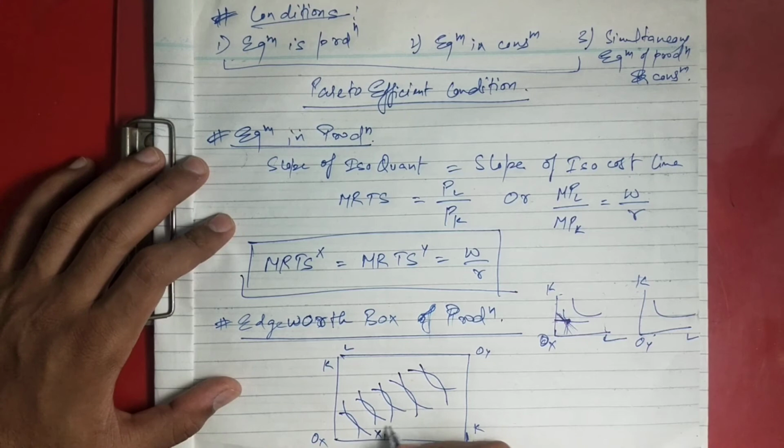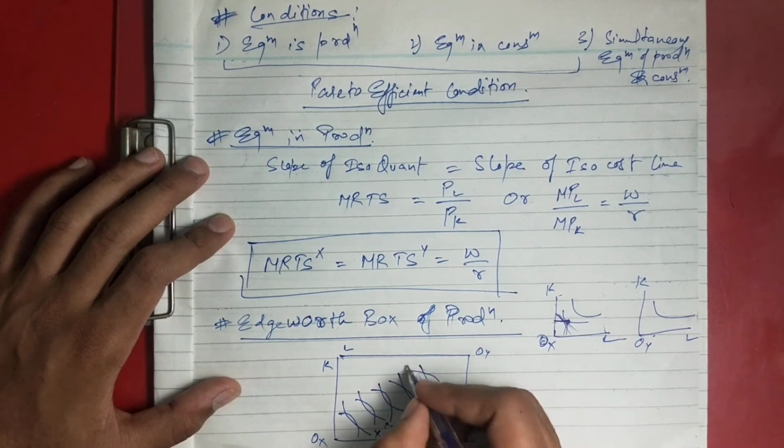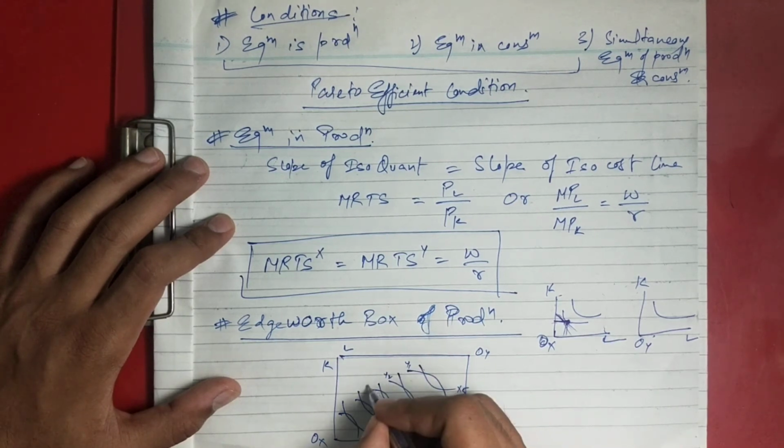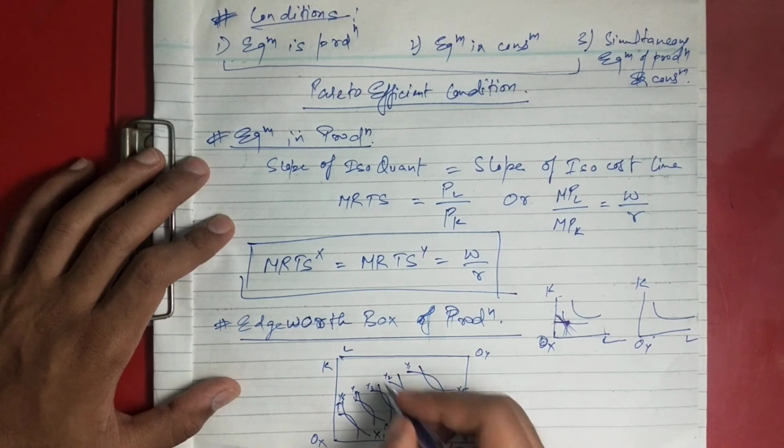So this will be x1, x2, x3, x4, x5. Similarly for Y, you can write here y1, y2, y3, y4 and y5. It is for this one.